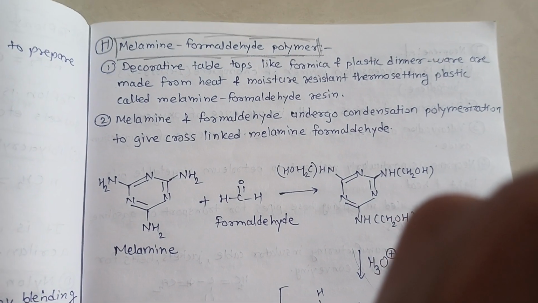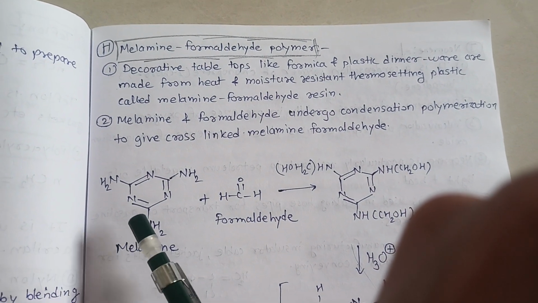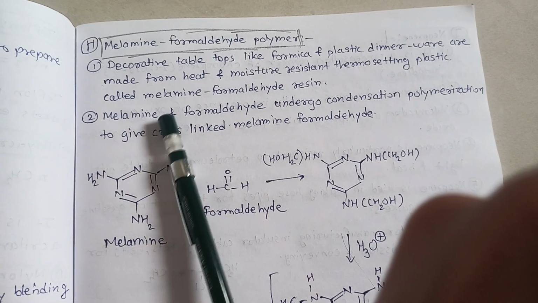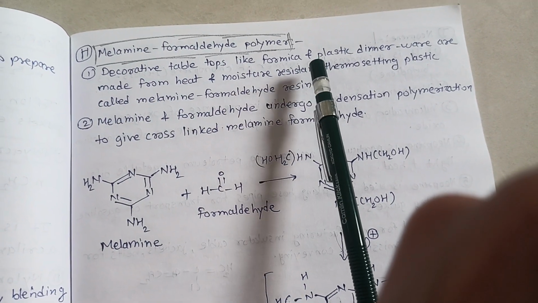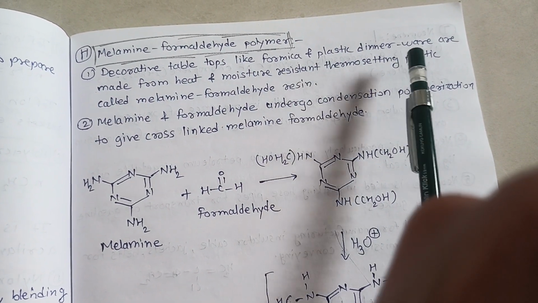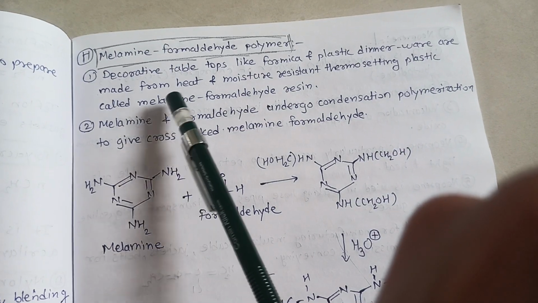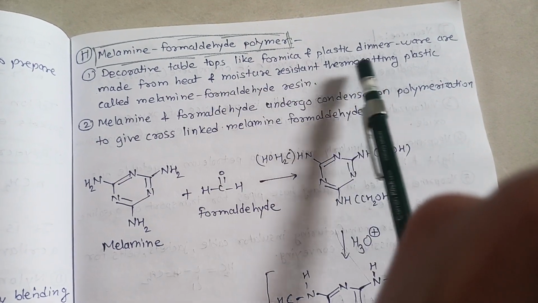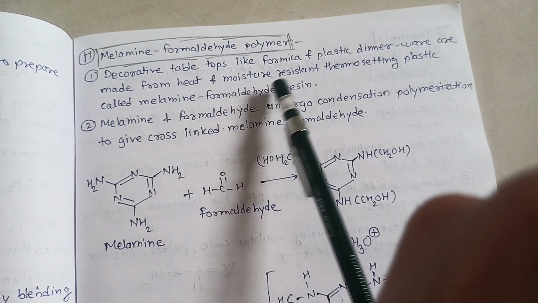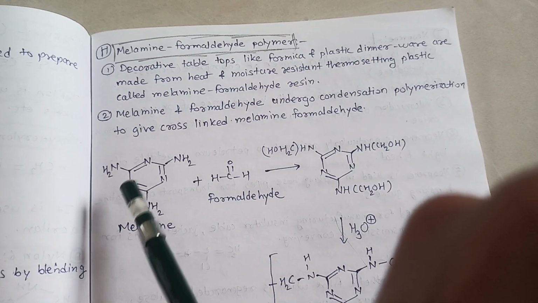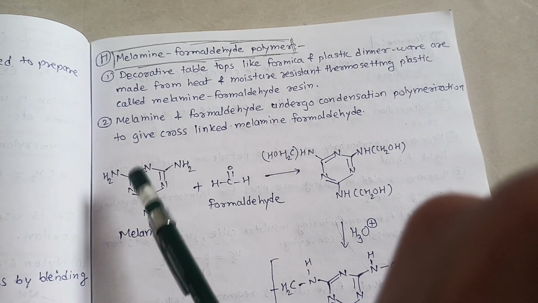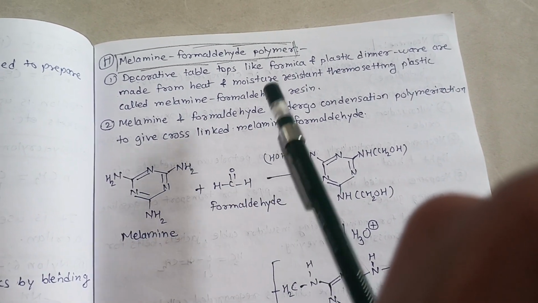The next is melamine formaldehyde polymer. Decorative tabletops like formica and plastic dinnerware are made from heat and moisture resistant thermosetting plastic called melamine formaldehyde resin. So two monomers are used, one is melamine, other is formaldehyde.